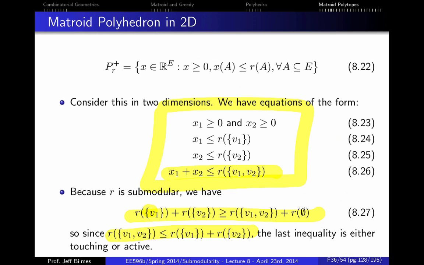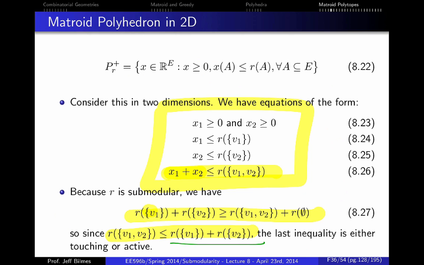Right? And why is that? Because it's basically saying that x1 plus x2 is less than or equal to the rank of v1 plus the rank of v2, in which case it would be touching if the rank of {v1, v2} is equal to the sum of the ranks, in which case v1 and v2 are independent. Or if v1 and v2 are dependent, then the rank is equal to 1, or could even be 0.